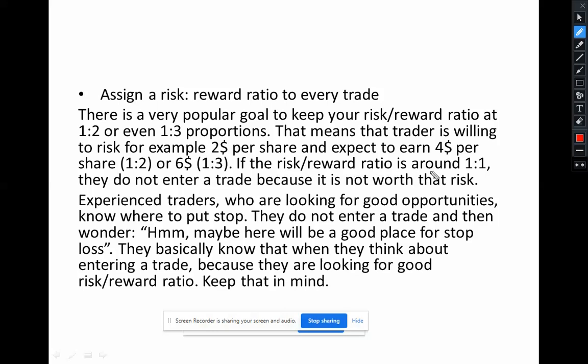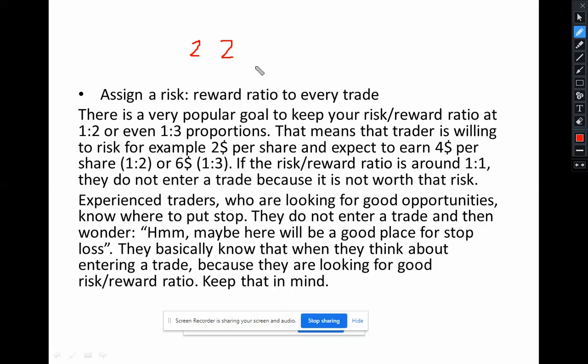If the risk reward ratio is around 1:1, they do not enter the trade because it is not worth the risk. Even though you risk $2 and earn $2, at times you should not enter the trade because it isn't worth that risk.